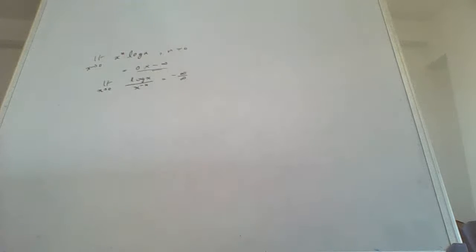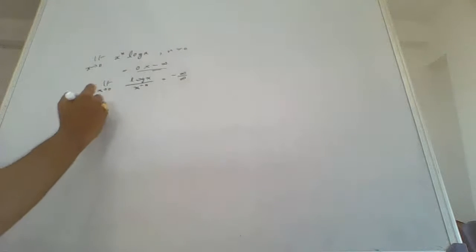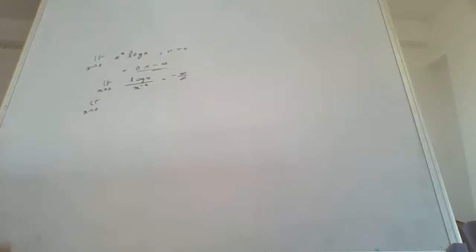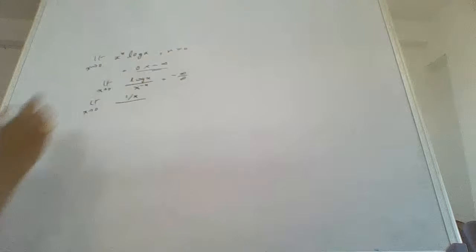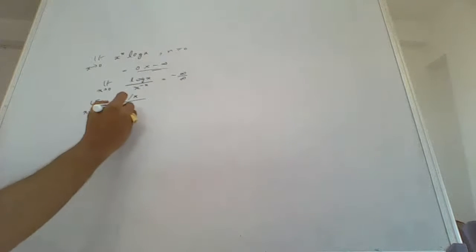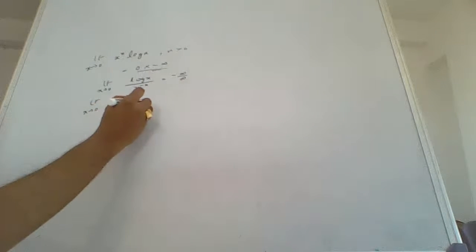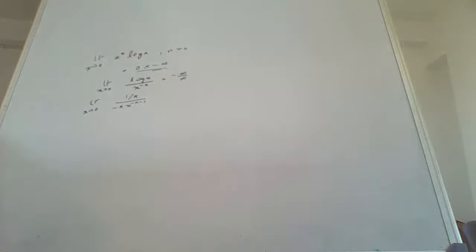Now let me solve this as limit x tends to 0, differentiating with respect to x by L'Hopital rule. This would be 1 by x in the numerator, and minus n x to the power of minus n minus 1 in the denominator.